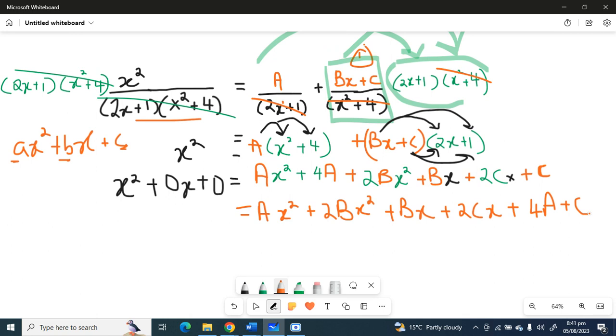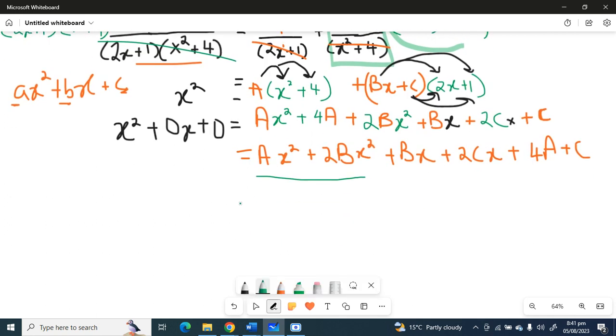Then we're going to need to do a bit of factorization. All right. So we need to factorize first this expression here, ax squared plus 2bx squared. What's the common factor? Ax squared divided by x squared, what do you remain with?